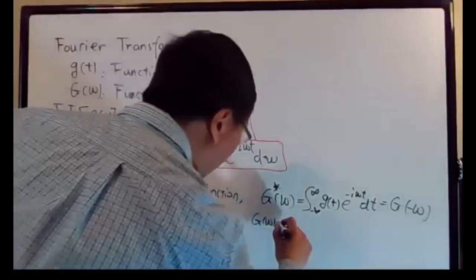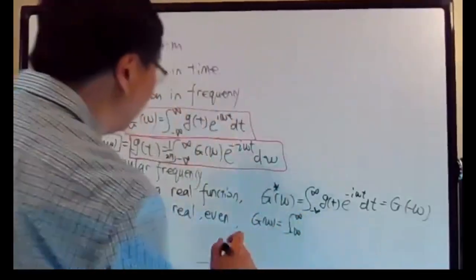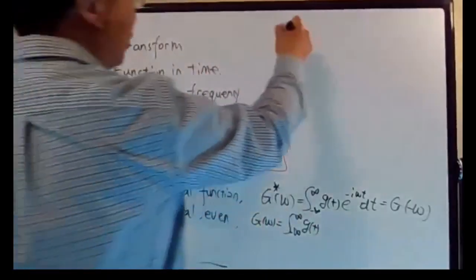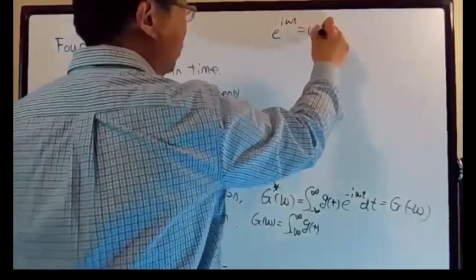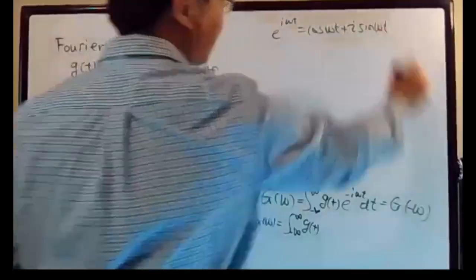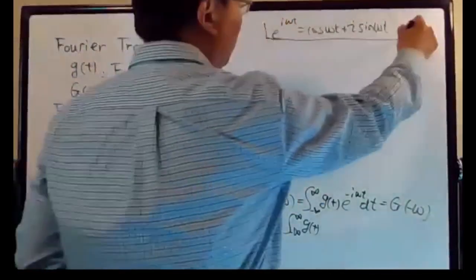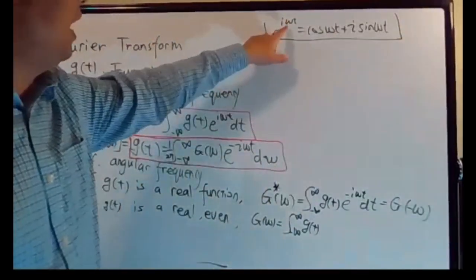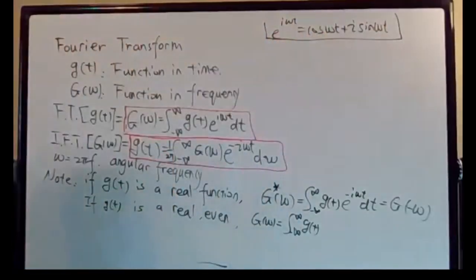So let me actually write it as the integral from negative infinity to infinity of g(t) times the exponential. I'll break this exponential apart, right? This exponential of i omega t is cosine omega t plus i sine omega t. That's Euler's formula. So we will separate the exponential into two parts: one is cosine omega t, another is i sine omega t.